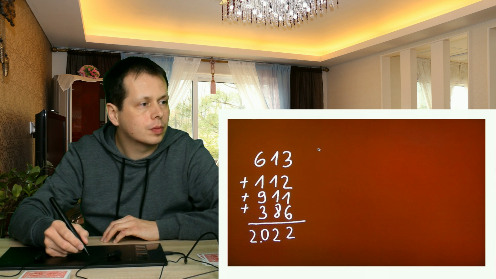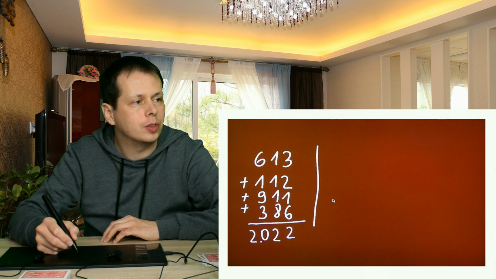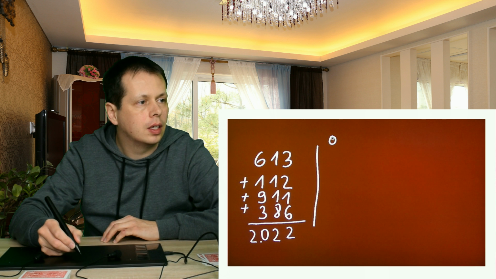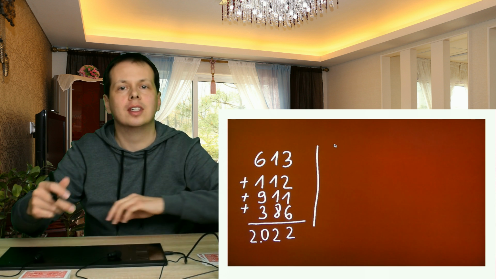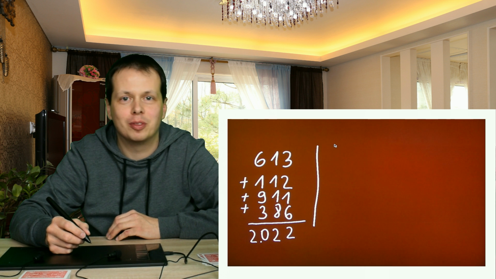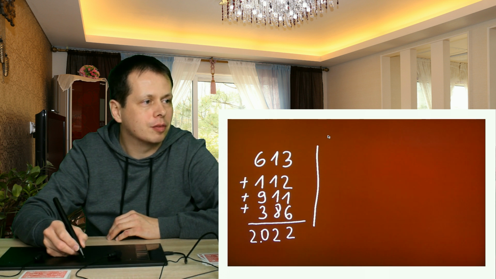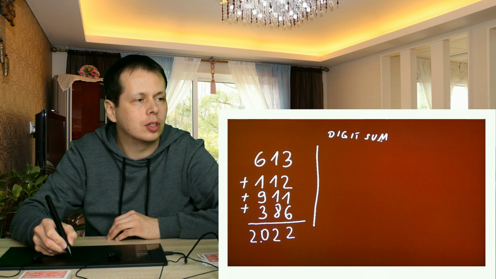Now we need the digit sum. I'm thinking of the German name Quersumme, so I try to write the Q. So, digit sum.